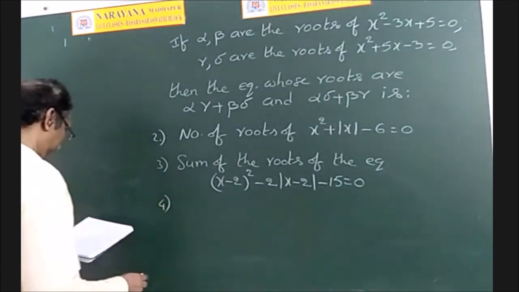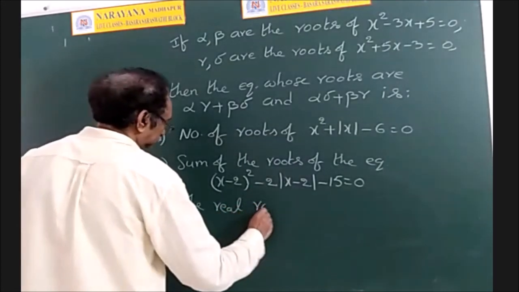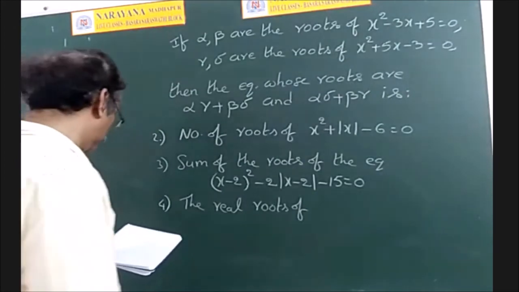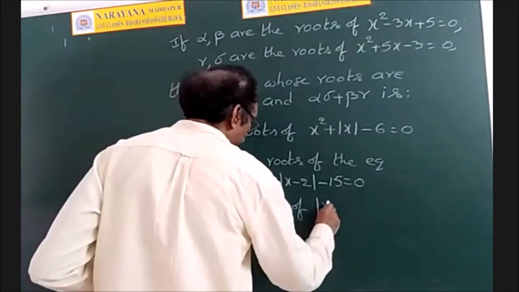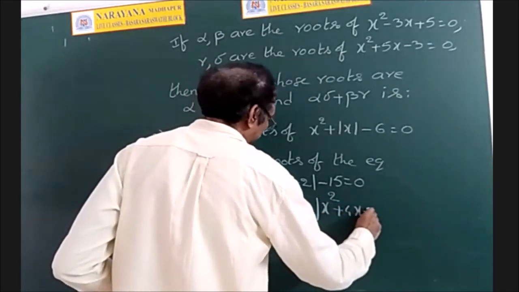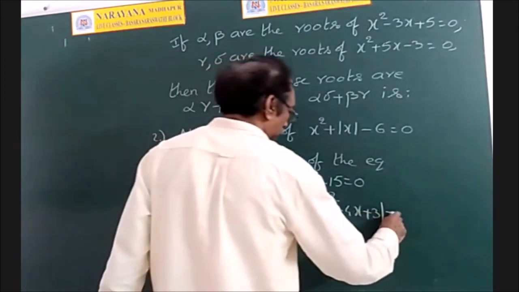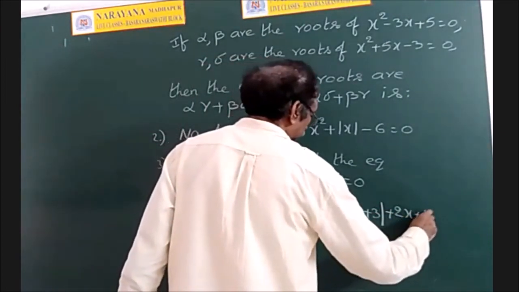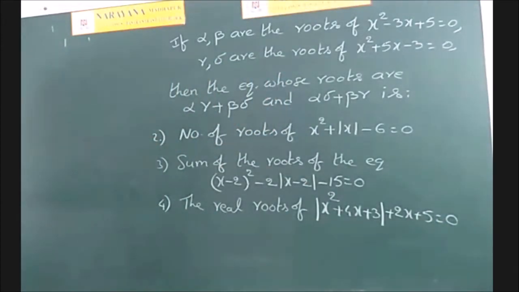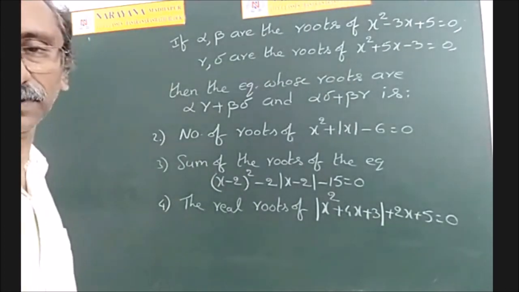And fourth one, the real roots of the equation modulus of x square plus 4x plus 3 plus 2x plus 5 is equal to 0. So what are the real roots of that equation? Okay.